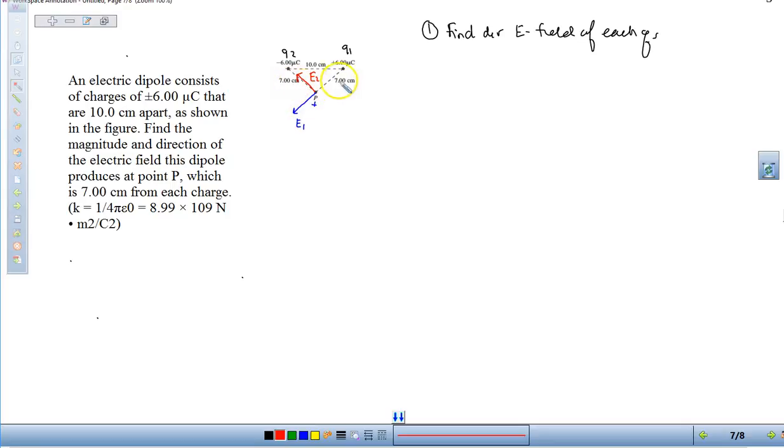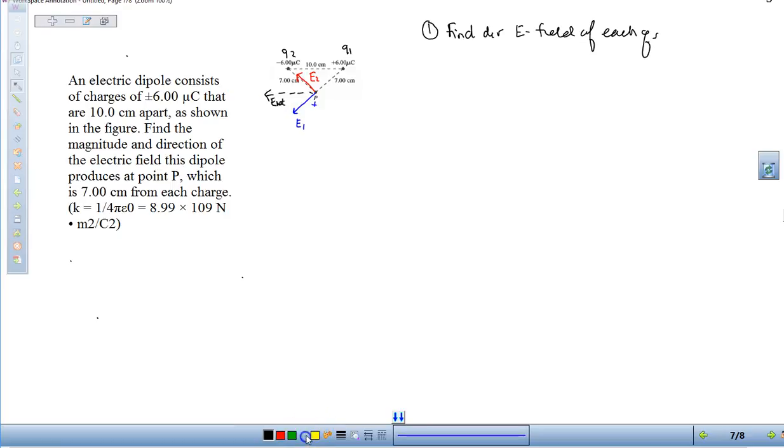They're the same distance apart and the same charge magnitude, and you have a down and an up. The up is going to cancel the down, and the horizontal parts are going to add up. So this point will have a net E field looking something like that. That's what I predict here.